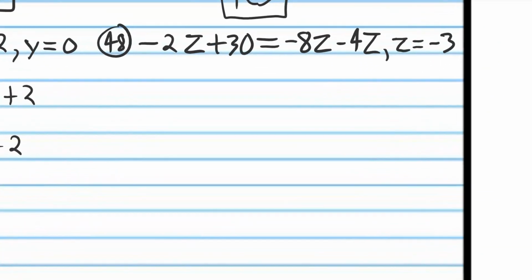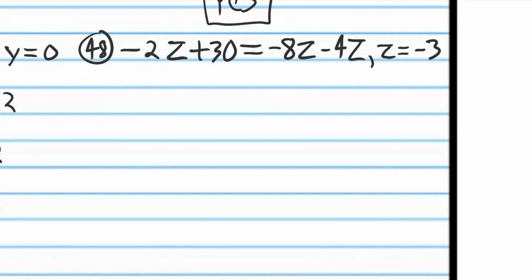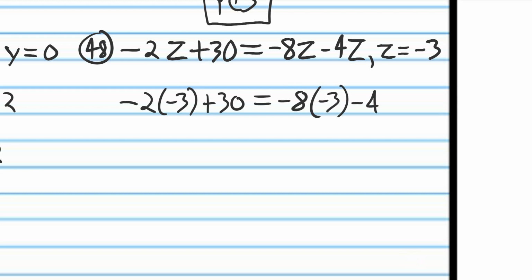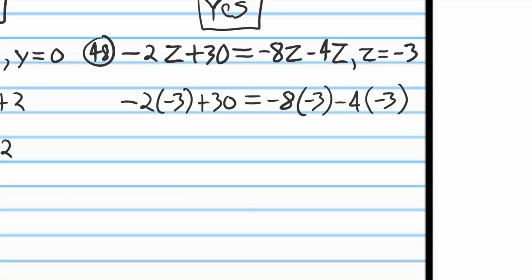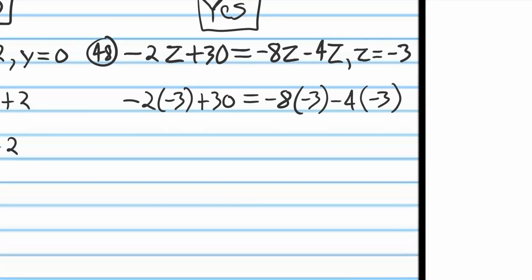All right, try number 48. When you come back, we'll do it together. All right, we're back. -2 times -3 is 6. -8 times -3 is 24. -4 times -3 is 12. 6 plus 30 is 36. 24 plus 12 is 36.